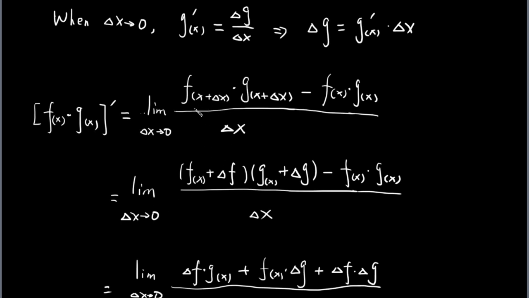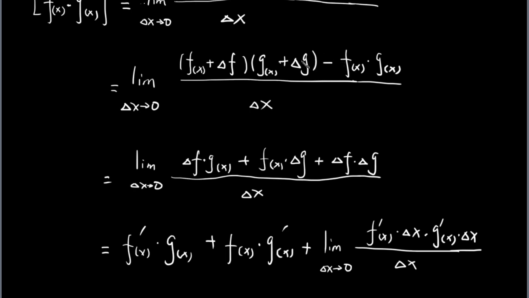So this, and we know from above that f of x plus delta x equals f of x plus delta f, and this is g of x plus delta g minus this over delta x.